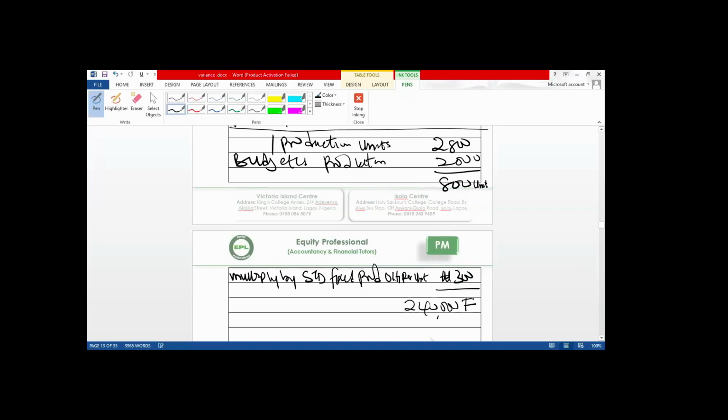Our plan is to produce 2,000 units within a month. Our employees achieved 2,800 units within a month.